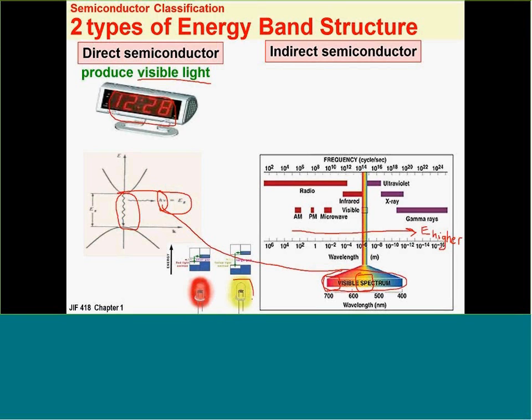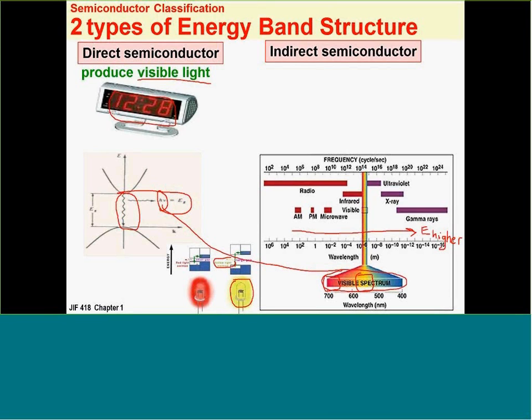Yellow LED, see, the gap is much larger, so when the electron moves from the conduction band to the valence band, it gives a much larger energy, which is essentially yellow light. So this one is less, so the gap is much smaller.